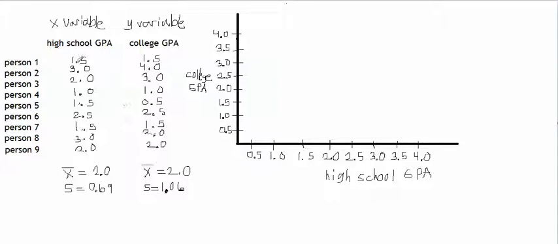Now let's start with person 1. The person has a high school GPA of 1.5, which is right here, and a college GPA of 3, which is up here. So 1.5 and 3 meet right here. Next person has a high school GPA of 3 and a college GPA of 4. 3 is here. You go up to 4 on the y-axis. 4 is over here.